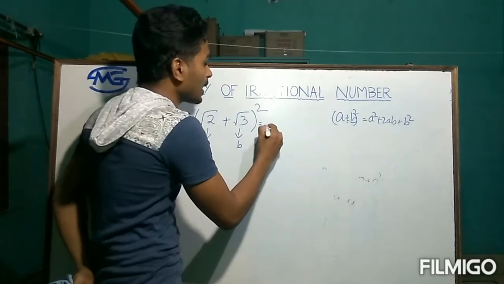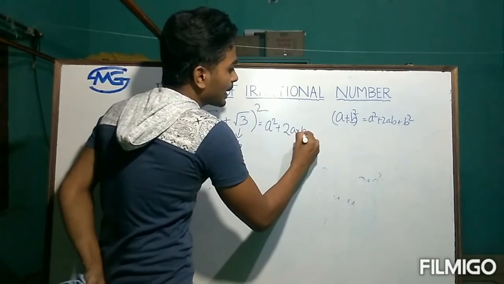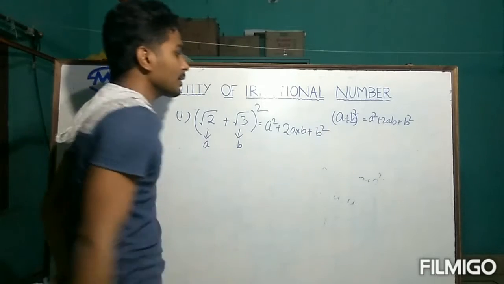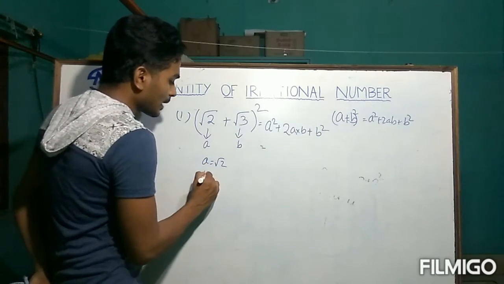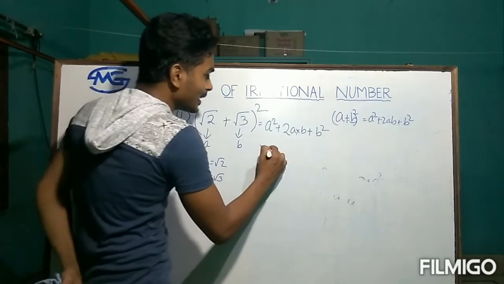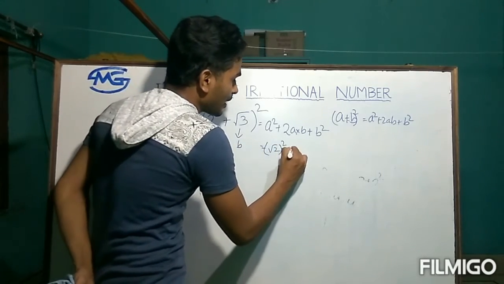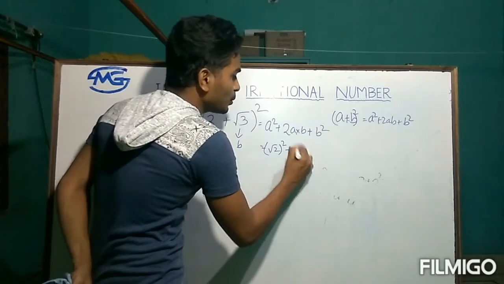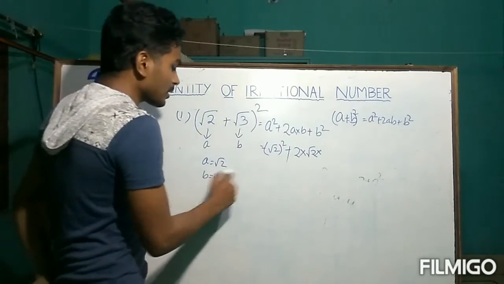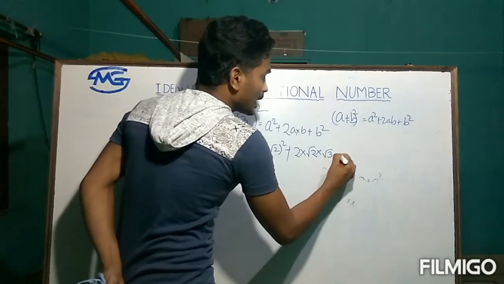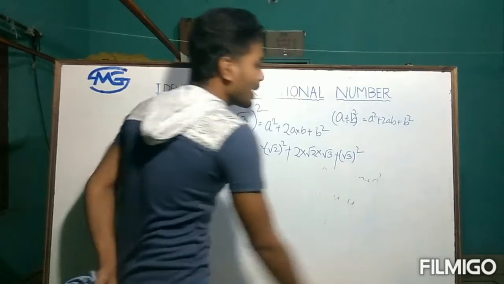As we know, the formula is A square plus 2AB plus B square. So in place of A we are going to put root 2 and in place of B we put root 3. So it is root 2 whole square plus 2 into root 2 into root 3 plus root 3 whole square.